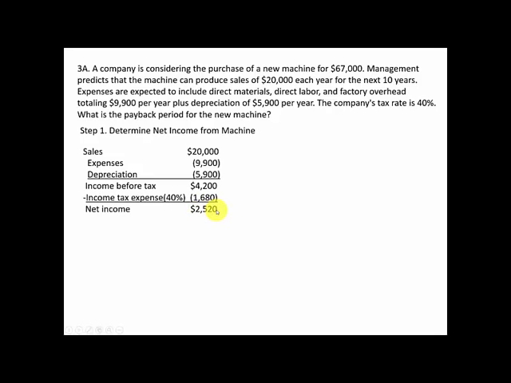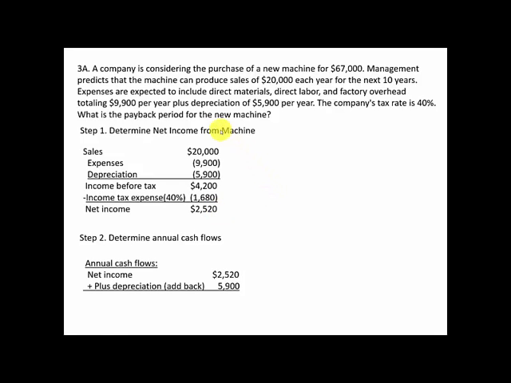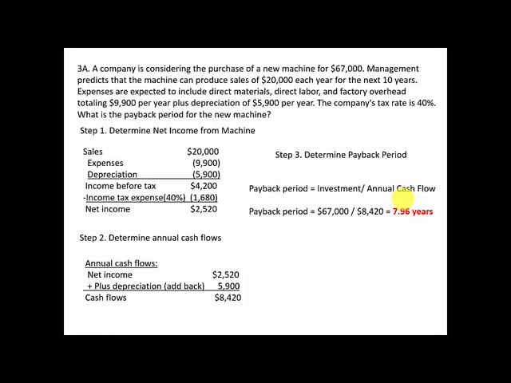Now, to turn that net income back into a cash flow number, we take the net income and add back the depreciation of $5,900. This means that the cash flow in this situation would be $8,420, which we can now use to divide into the cost of the machine to see what the payback period is. That would be $67,000 divided by $8,420, or almost 8 years, 7.96 years.